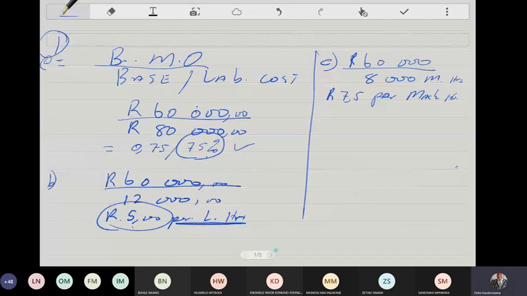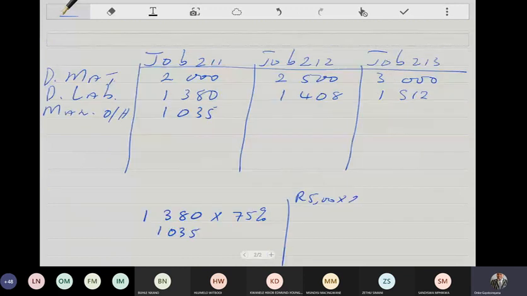Because I've got the rate for this particular job, 5 rand, but times the number of hours. Go back to your information and look at your hours. Now we're on job 212. Remember, the labor hours on this job is 204. So we'll multiply by the 204, which is the labor hours of job number 212. I hope everyone is still following me.